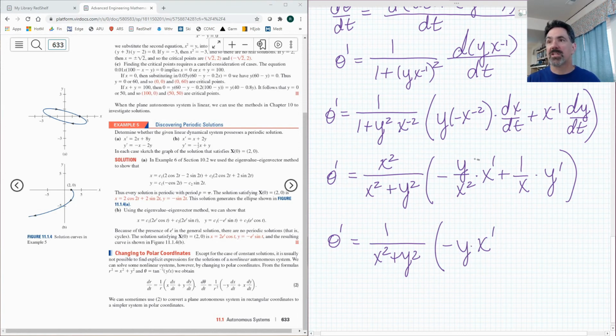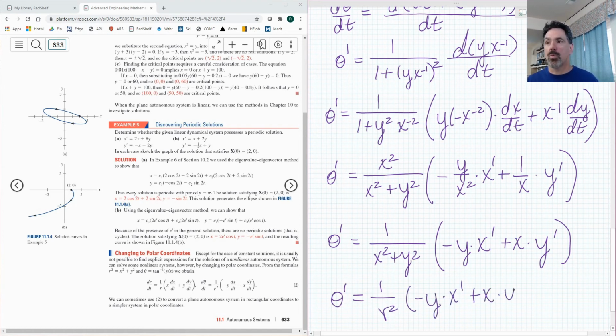Plus, and then we have x squared divided by x is going to give us an x, and then we'll have times y prime. And this is what we see in the book, except they make the substitution. Of course, x squared plus y squared is r squared. So we end up with a 1 over r squared times minus y times x prime plus x times y prime.